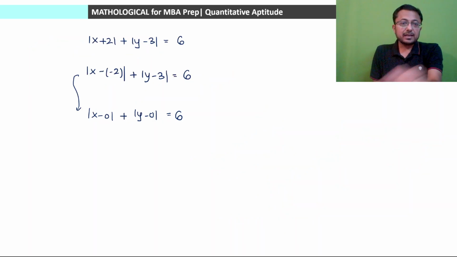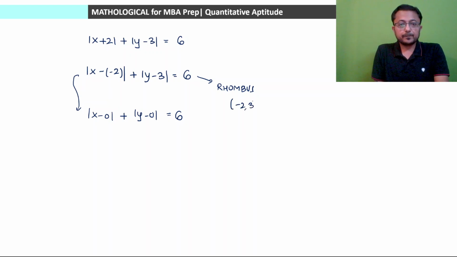In this case, we are calculating the distance of x from minus 2 and the distance of y from 3. So at point minus 2, 3, the distance of x as well as that of y will be equal to 0. Isn't it so? So in this case also, the shape will be a rhombus only, and the center of the rhombus, or the intersection point of the diagonals, will be minus 2, 3.